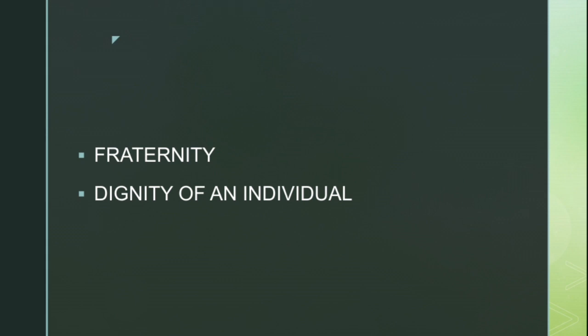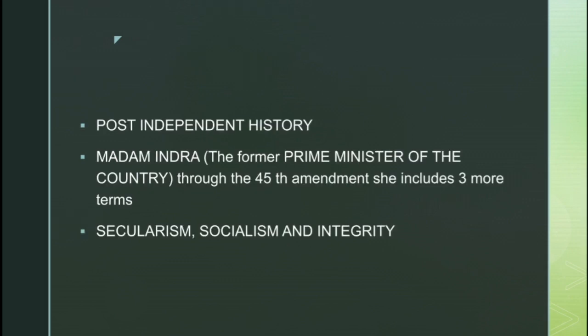The third key contributor in the making of the preamble comes in post-independence history. Who is that? Madam Indira, the former Prime Minister of this country. Through the 42nd Amendment, she added three more terms, that is secularism, socialism and integrity of this country.